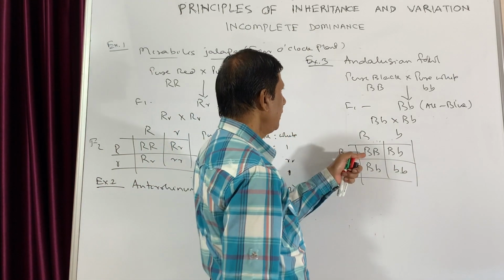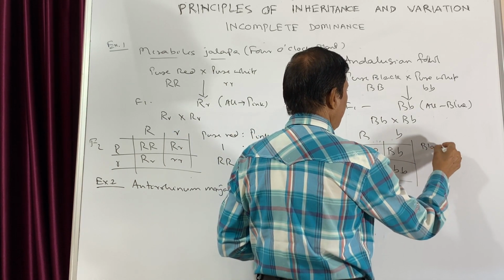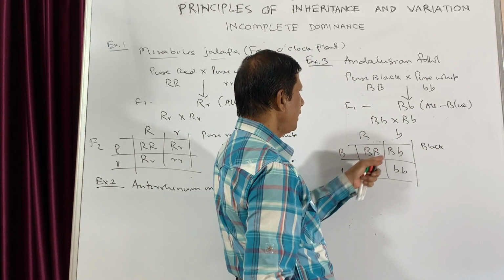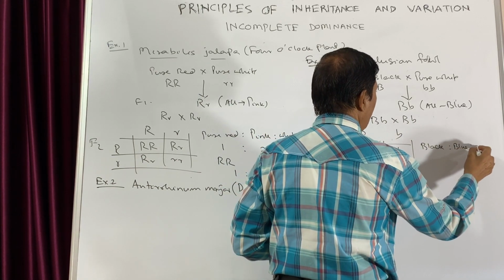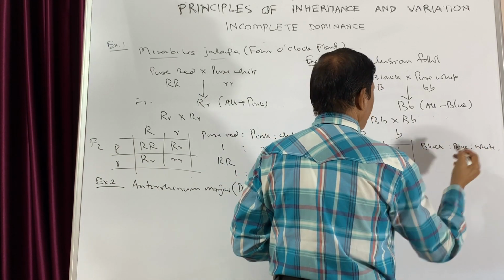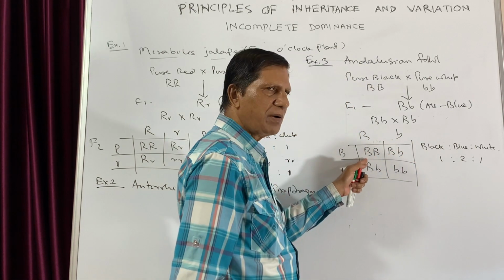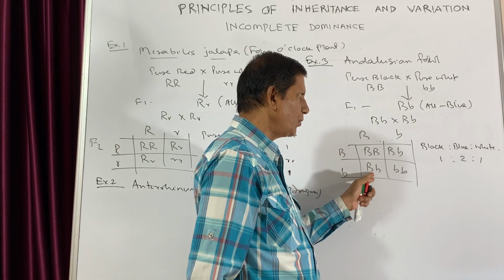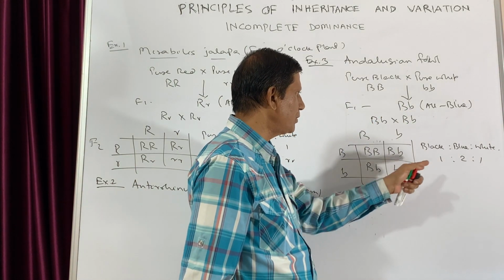Now you see, this is pure black, and these two, blue and white, are coming in the ratio of 1:2:1. Because this is black, these two are blue because they behave like the F1 hybrid, while this is white.